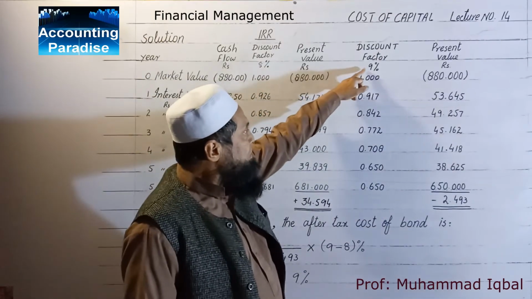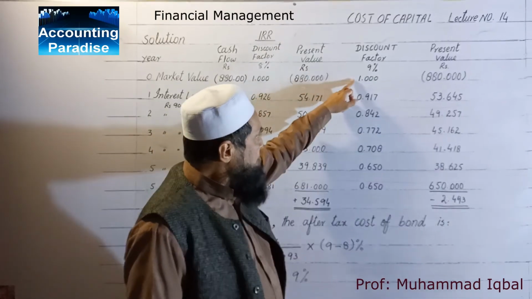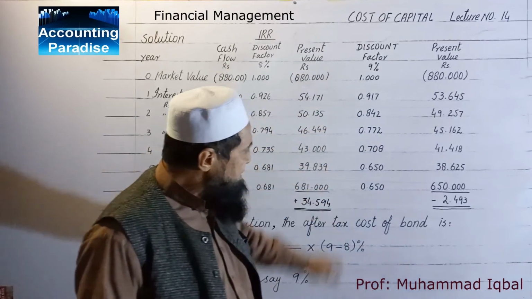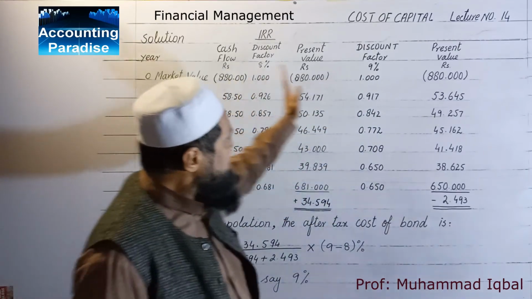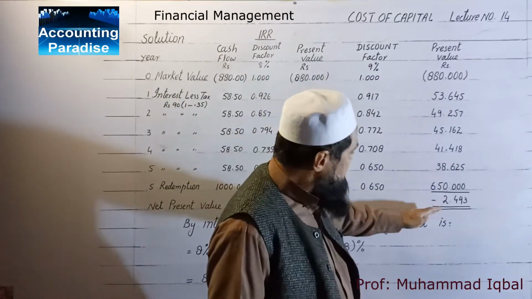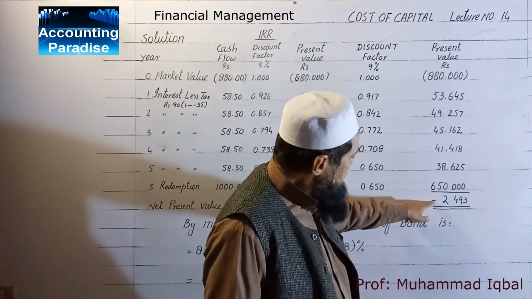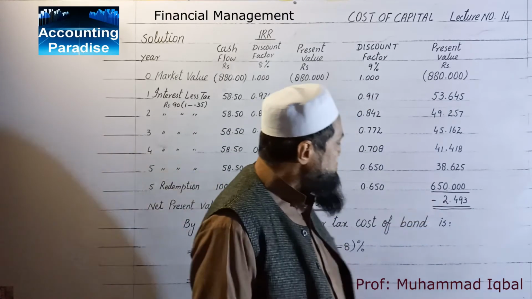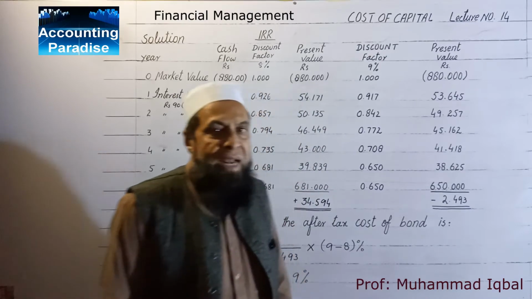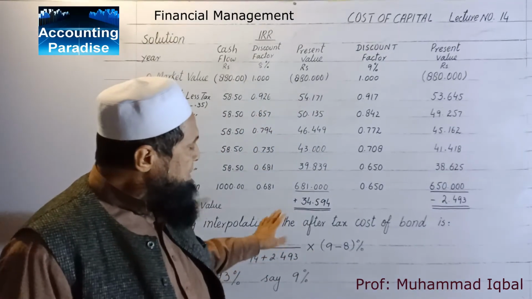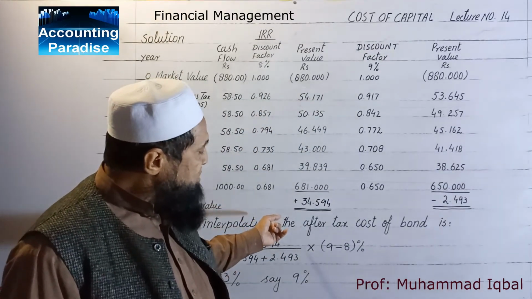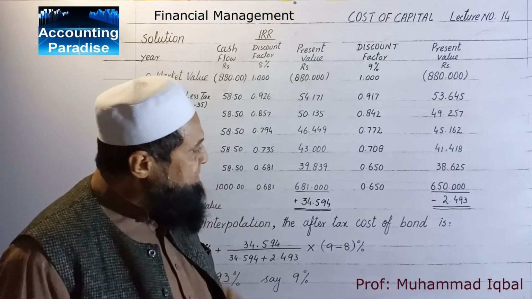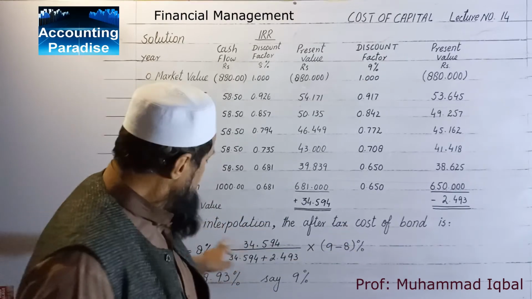We try 9%, and these are the discount factors. When we multiply the cash flows with the discount factors, the net present value comes to negative 2.493. When one value is positive and one value is negative, we can calculate IRR.